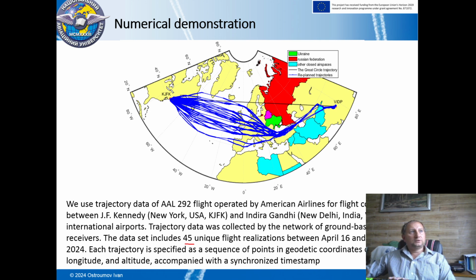And you can see that due to the war in Ukraine, this airplane deviates from the shortest path. That's why the black line here is the shortest path, and the blue lines are actual flight realizations. And you could see that this trajectory has to avoid entering Ukrainian closed airspace.